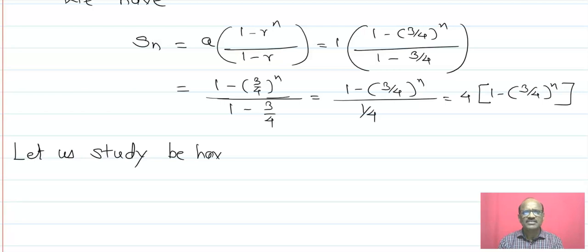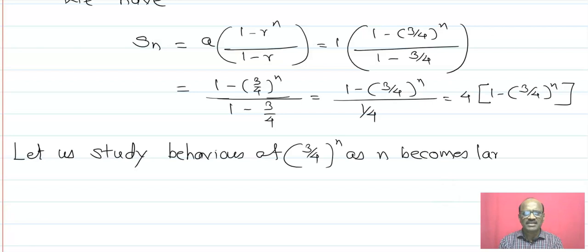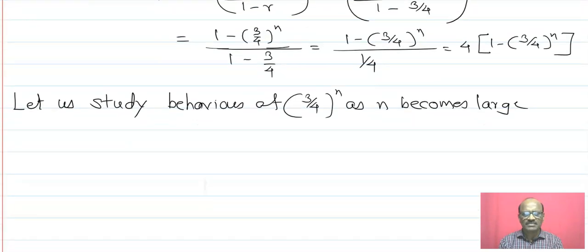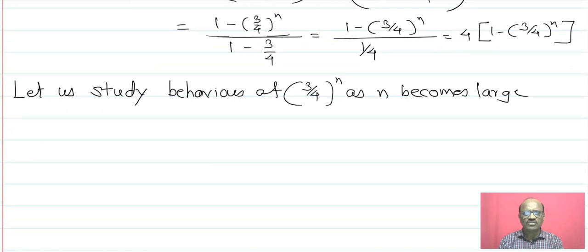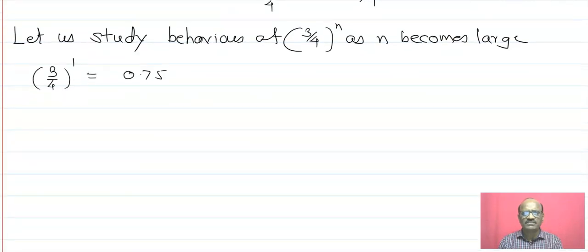Let us study the behavior of (3/4)^n. Means, the power 1, power 2, how their values are becoming less and less. 3/4 means 0.75 if n is equal to 1. As n becomes larger and larger, the first power is 0.75.